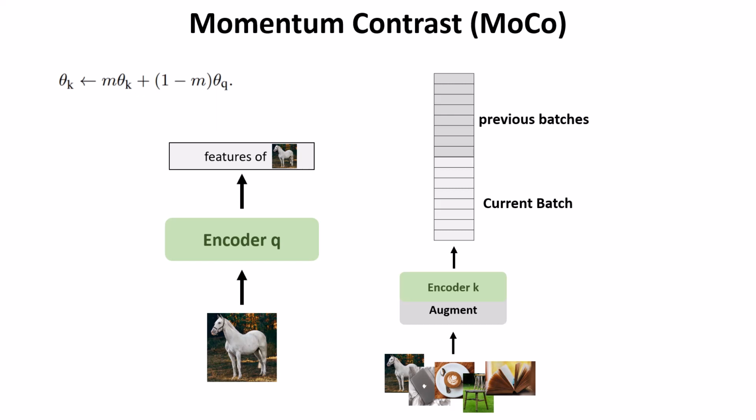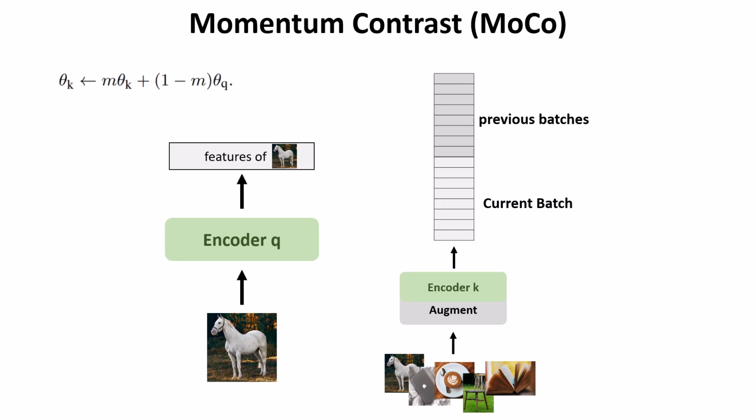And in practice, this m should be a value very close to 1, like 0.99. So it says we need to multiply the current parameters by 0.99 and multiply the updated parameters of query by 0.01 and then sum together to make the updated parameters of encoder key.